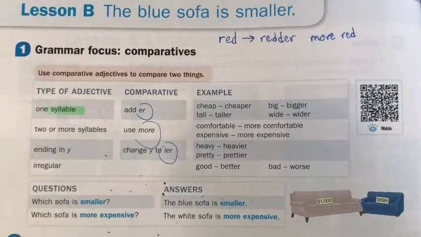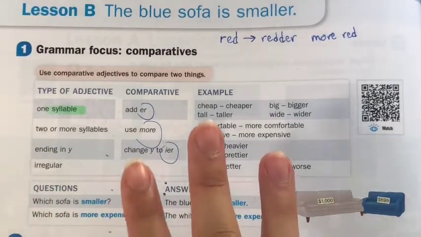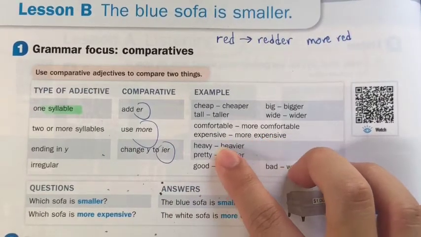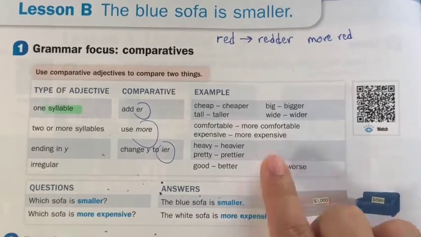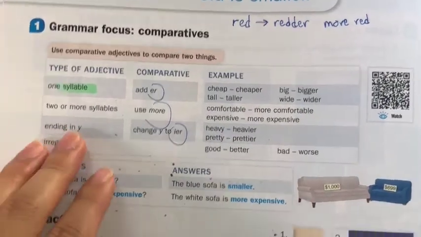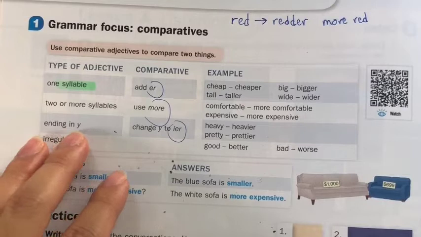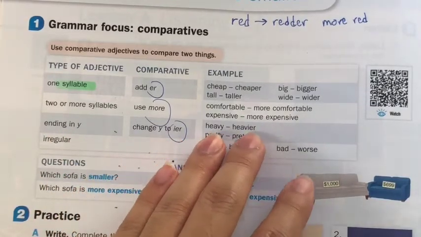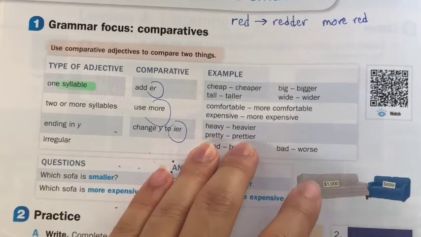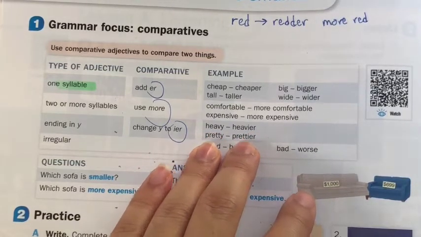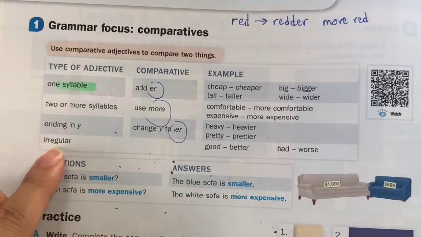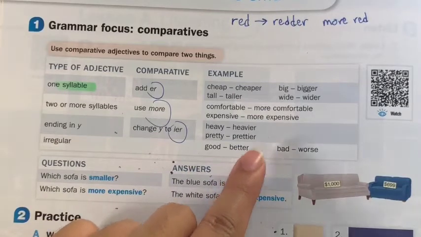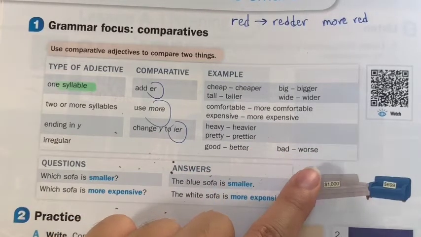Comfortable has 3 syllables, so we say more comfortable. Expensive. More expensive. If the adjective ends with the letter Y, we change Y to IER. Heavy becomes heavier. Pretty becomes prettier. And then we have the irregular adjectives. So good becomes better. Bad becomes worse.